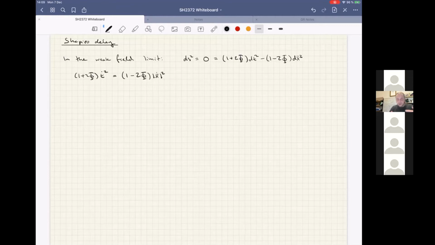However, if we here solve for the absolute value of x dot divided by the derivative of the coordinate time with respect to this parameter, then we find that this is given by the square root of 1 plus 2 phi, which comes from this, of course, and then divided by 1 minus 2 phi. And as long as we're in the weak field limit, we can make an expansion in phi. So this is approximately equal to 1 plus 2 phi.